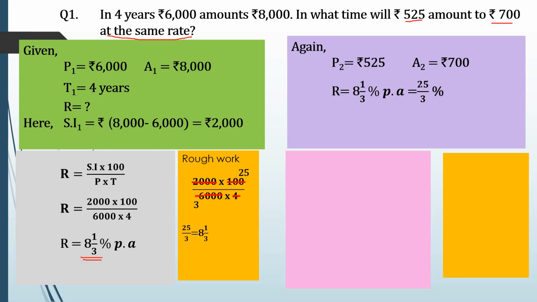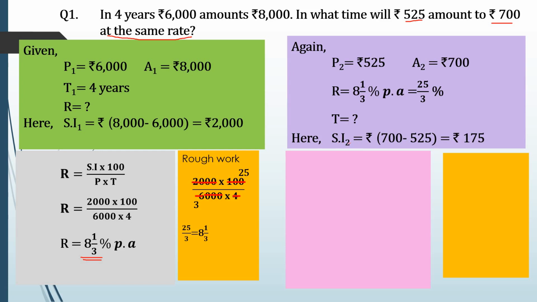So when we simplify this, we get 25/3%. Okay, and we are asked to find the time in which rupees 525 will amount to rupees 700. Again here we can find out simple interest.